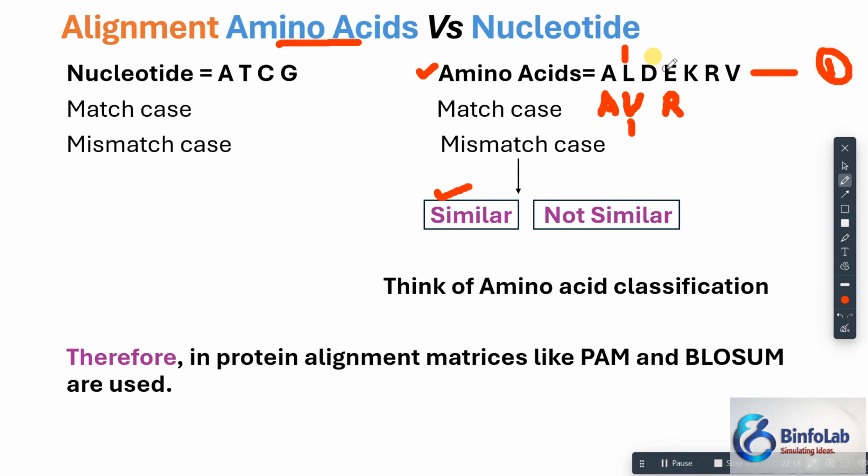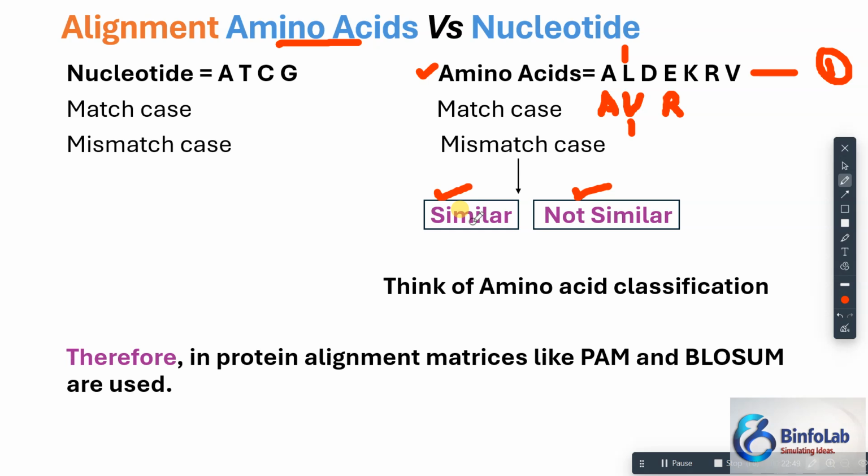So if E is in one sequence and the same position in the second sequence contains R, it is a mismatch case but not a similar case. But if it is L and V, L and A, or L and I, meaning isoleucine, they will be regarded as a mismatch case but similar.